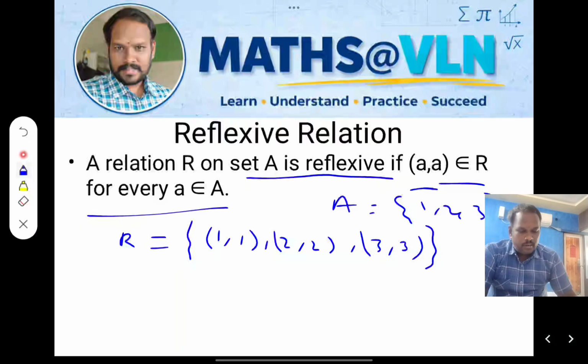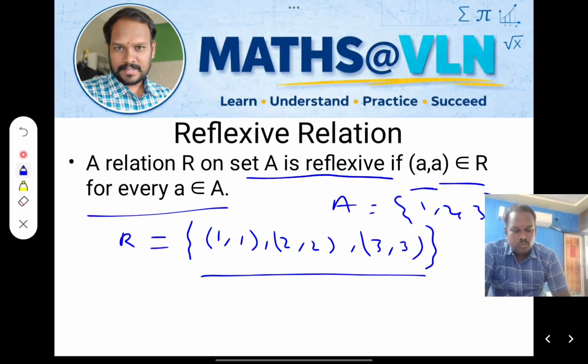In set A, for the relation from A to A, if it includes (1,1), (2,2), (3,3), then only we call it reflexive. Otherwise it is not reflexive.